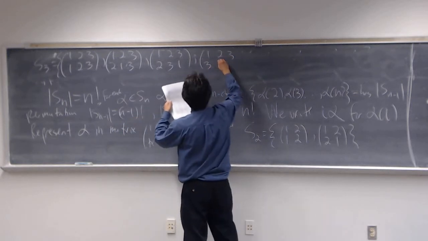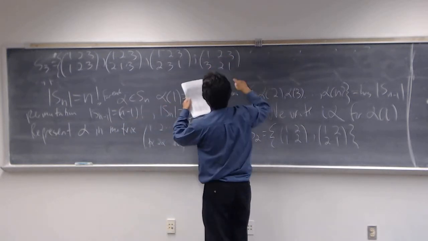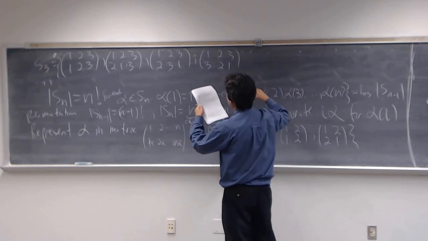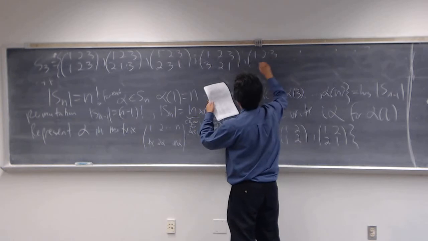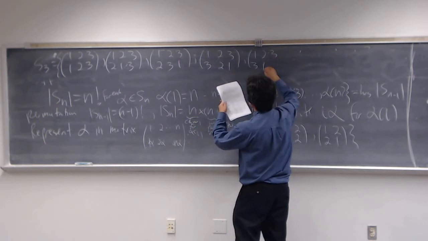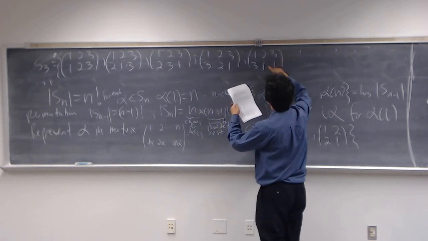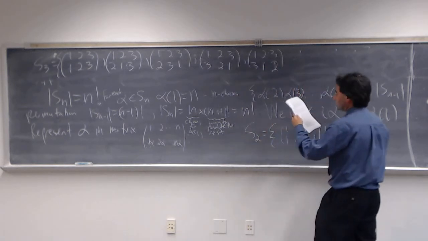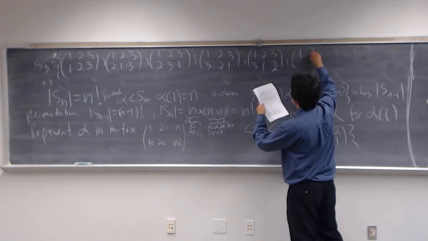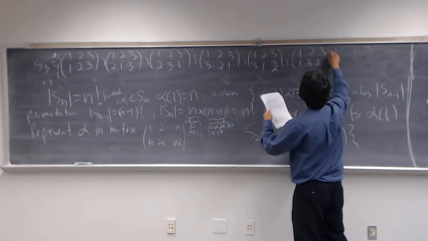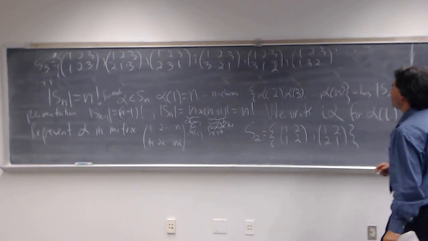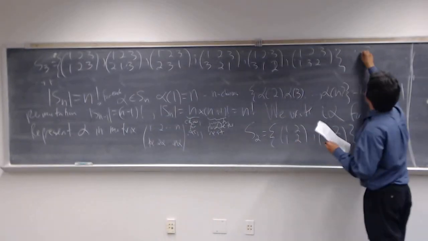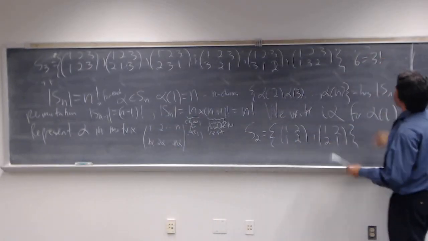Map 1 to 3, 2 to 1, and 3 would have to go to 2. And finally, map 1 to 1, 2 to 3, and 3 to 2. So we have 6 elements in S3.